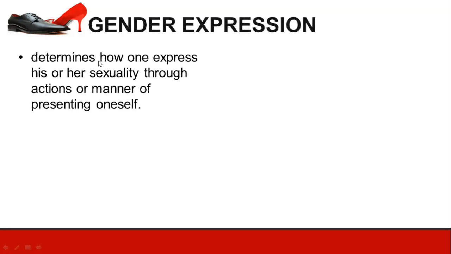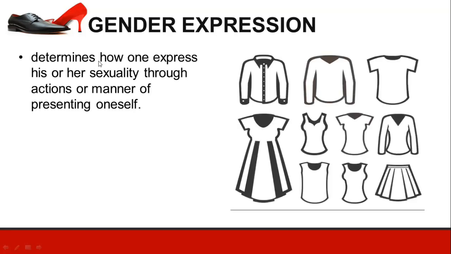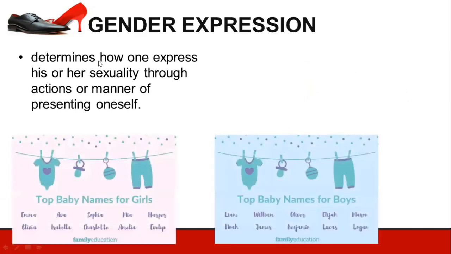So gender expression determines how one shows his or her sexuality through actions or manner of presenting one's self. For example, it may be on the clothes that we dress, kung saan ka mas komportable na clothes. Also, we have the names, mga pinapangalan sa atin.